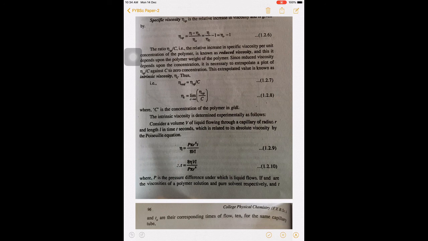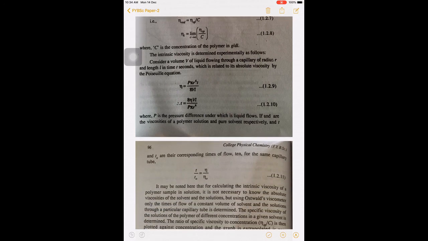If eta and eta 0 are the viscosities of polymer solution and pure solvent respectively, and T and T0 are their corresponding times of flow for the same capillary tube, then T upon T0 is equal to eta upon eta 0.